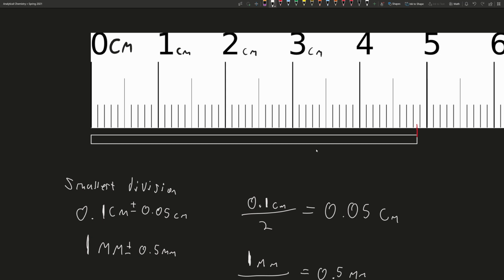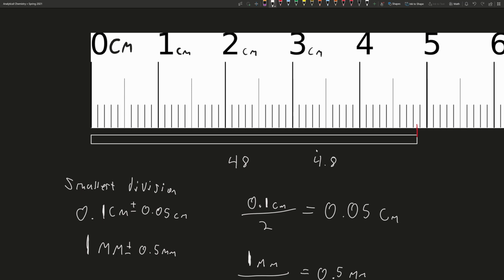We see that we get to that 0.5 point, so it is 4.5 or 45, 4.6, 46, 4.7, 47, 4.8, 48. So we know at this point we are at least 4.8 centimeters or 48 millimeters. So let's write that down. 4.8 or 4.